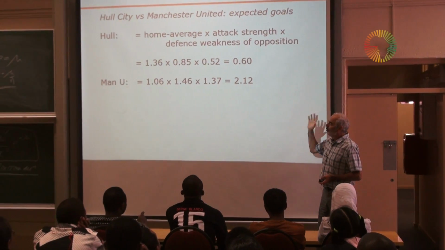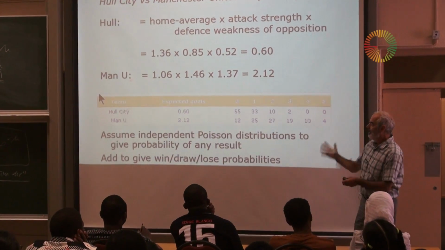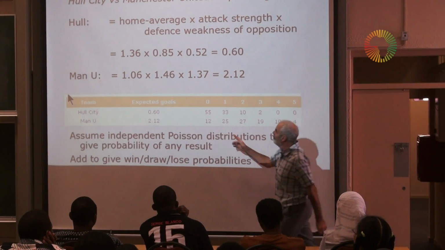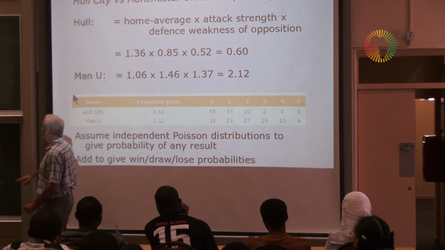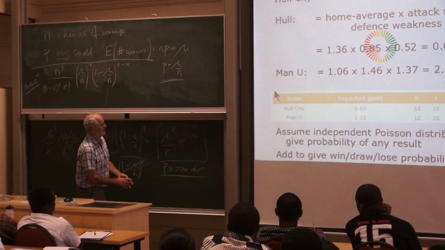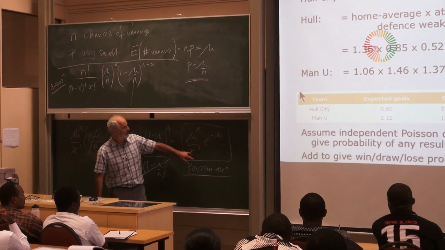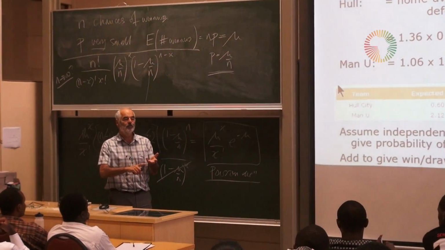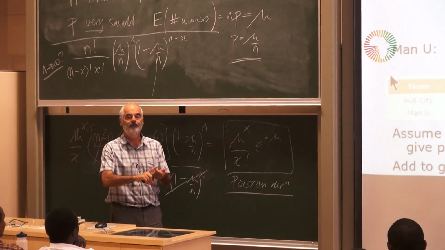So now, what do we do with those expectations? We use the Poisson distribution. Because if we put these numbers in for the mu, this formula will tell us the probability of scoring 0, 1, 2, 3, 4 goals.